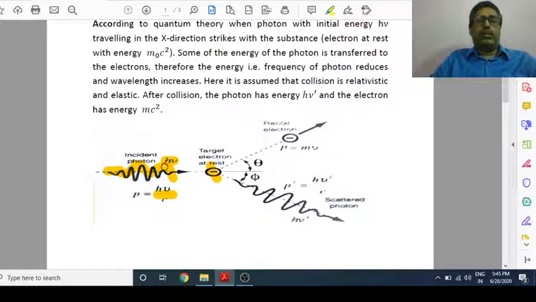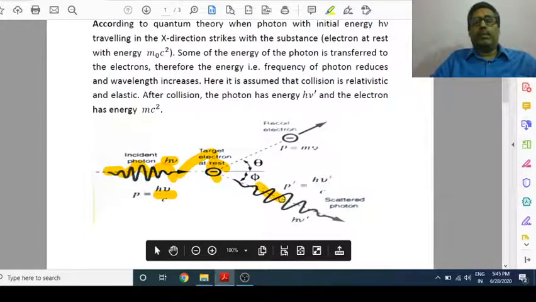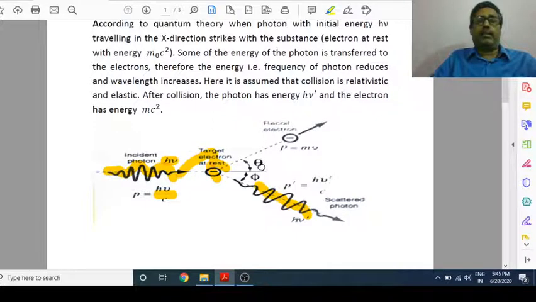So when this photon is incident upon the substance, it transfers some of its energy to the electron, so that the electron recoils and the scattered photon is scattered at an angle phi from the direction of the incident beam, and this angle is theta and this angle is phi, and this is your x-axis.